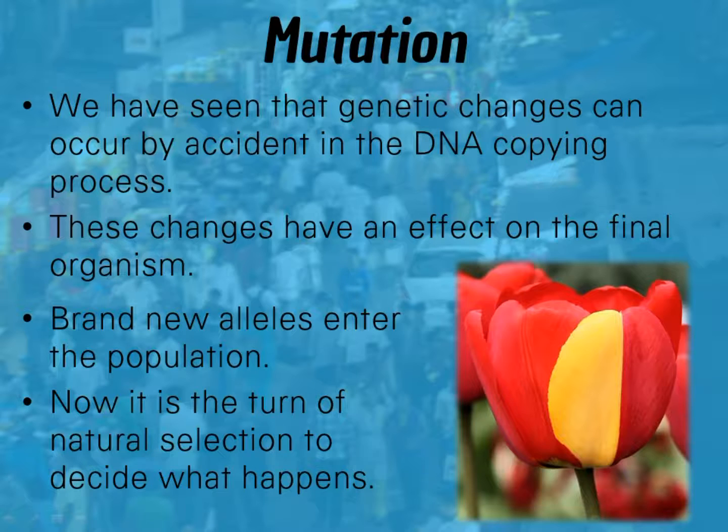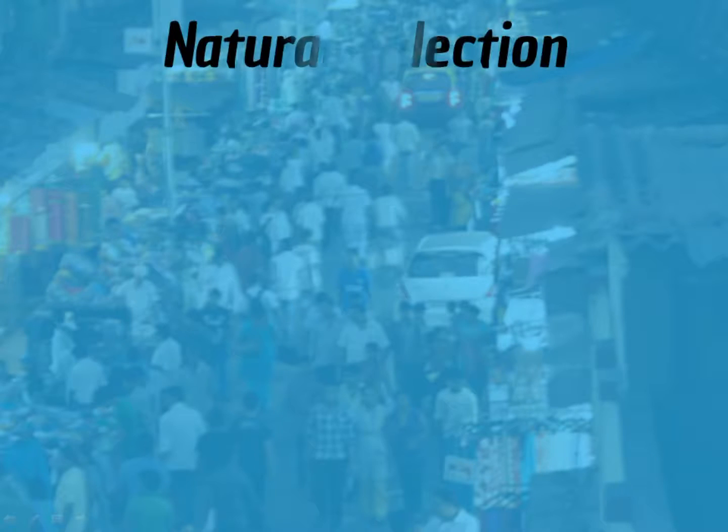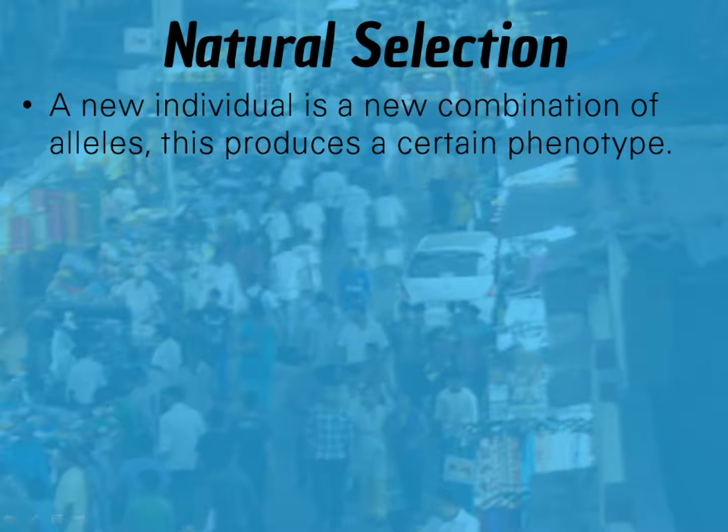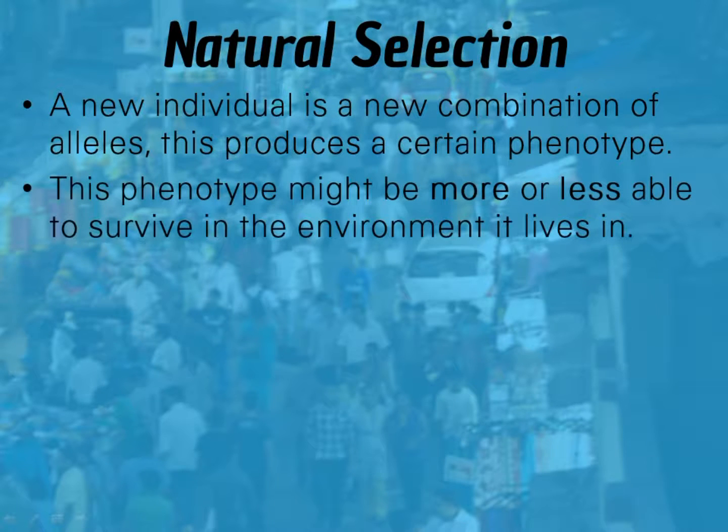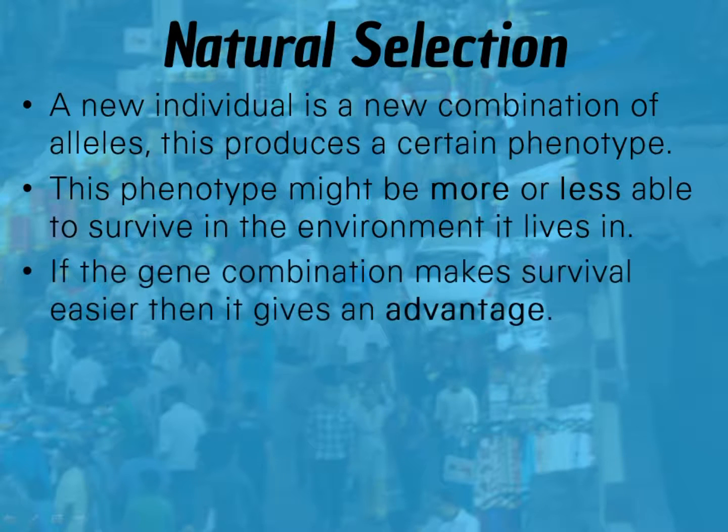Although decide isn't the perfect word, because of course there is no choosing being done. No one and no thing actually chooses individuals. So how exactly does natural selection work? Well, again, we've alluded to it before. A new individual is a new combination of alleles, and this gives a new phenotype. A phenotype might be more or less able to survive in the environment it lives in.